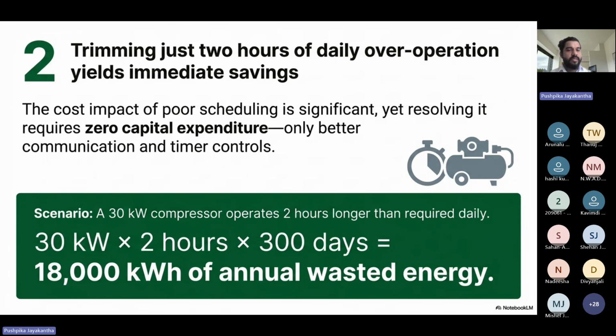Here also there's one example, but I will not go through it with your team. A 30 kilowatt compressor operates 2 hours longer than required per day. Again you have to follow the same formula. You multiply the power consumption by hours and days, and then you can get the annual energy waste here.